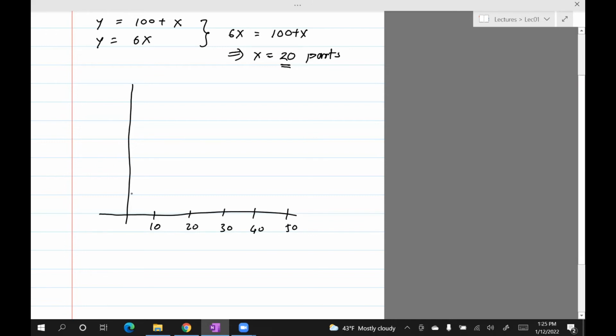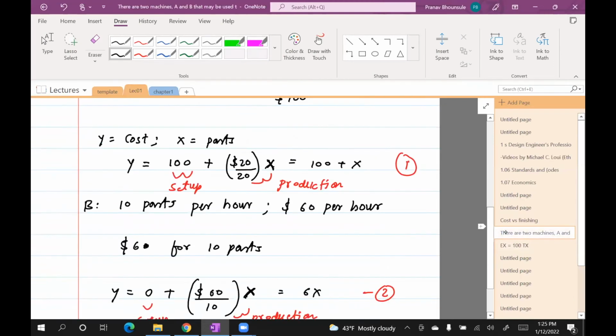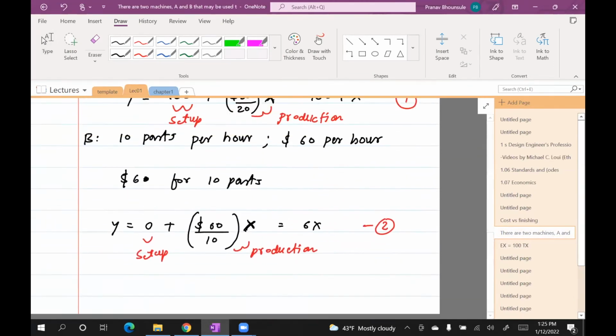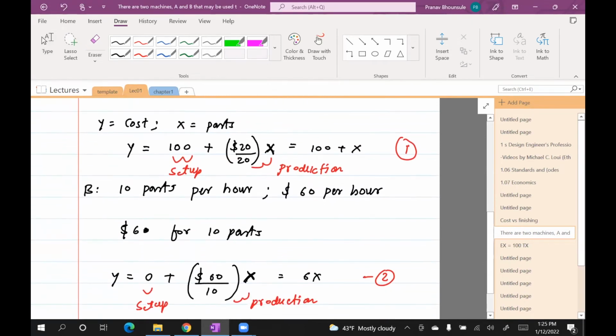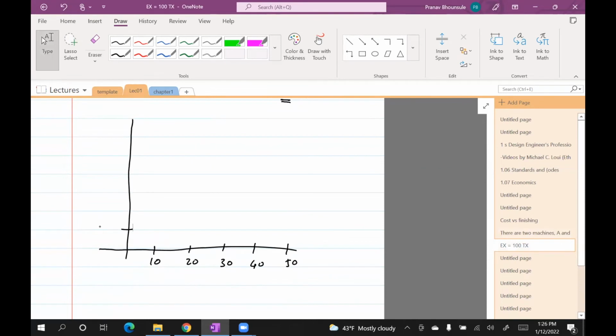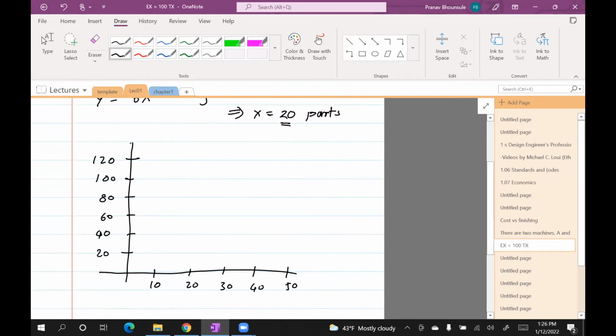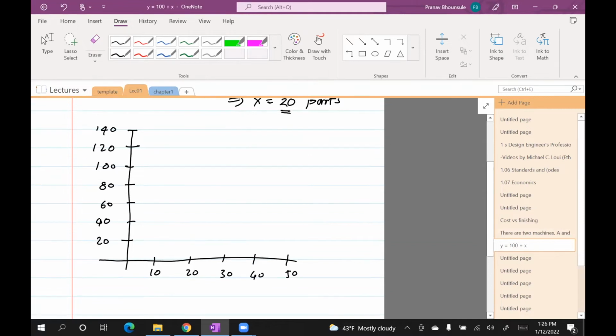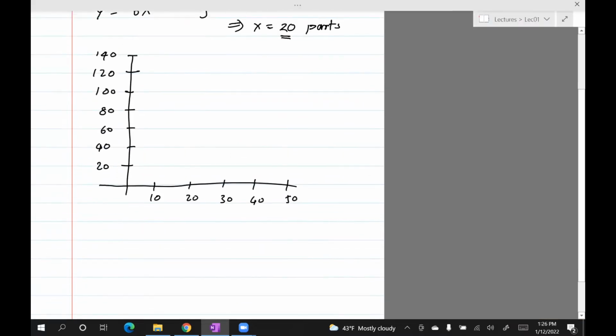For the cost, we have 100 here, so increments of 20 are good: 20, 40, 60, 80, 100, 120, and say 140.